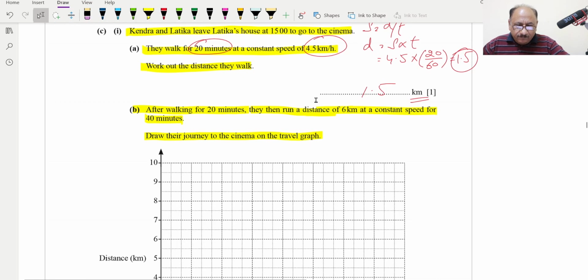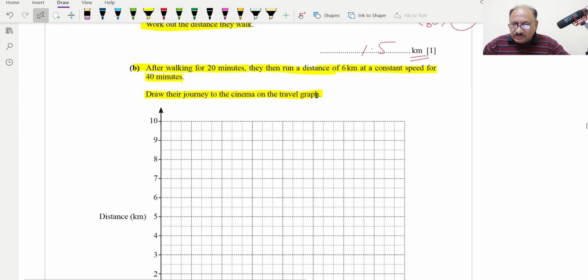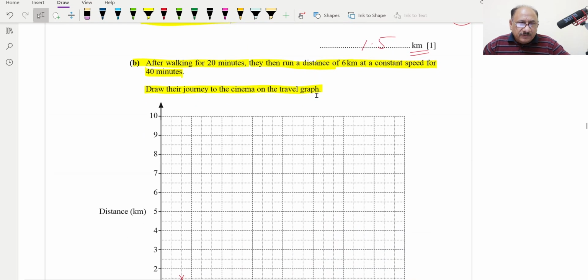Then the second part is after walking for 20 minutes. Now they run. So after 20 minutes they run a distance of 6 kilometers at a constant speed for 40 minutes.